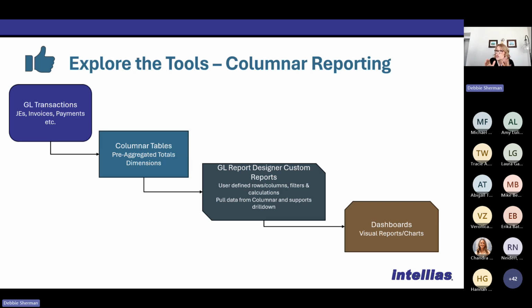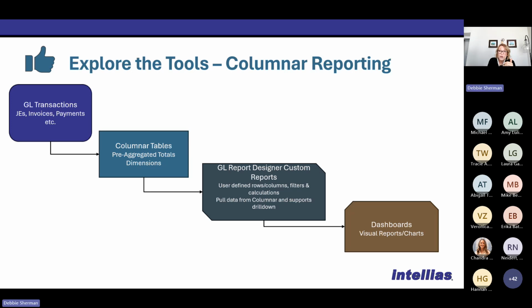Your GL transactions feed into the columnar tables. The columnar tables feed into the GL Report Designer custom reports, which use user-defined rows and columns, filters, and calculations. It's pulling that data from Columnar and supports the drill down.